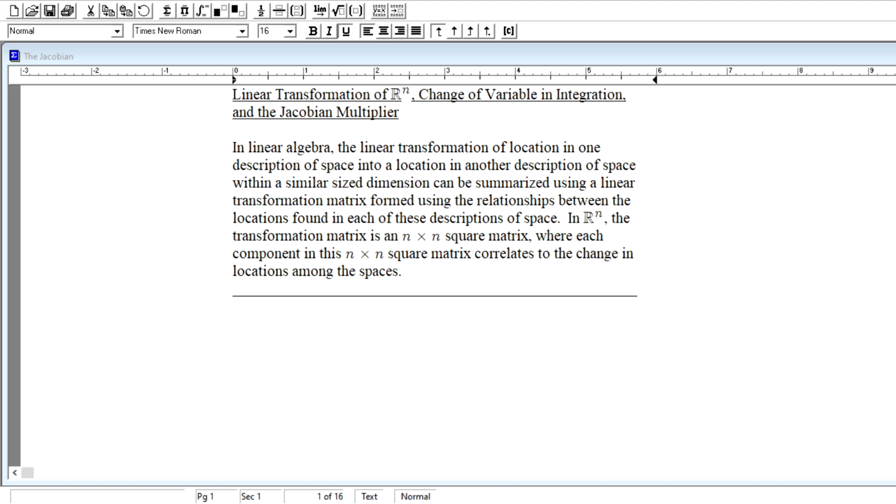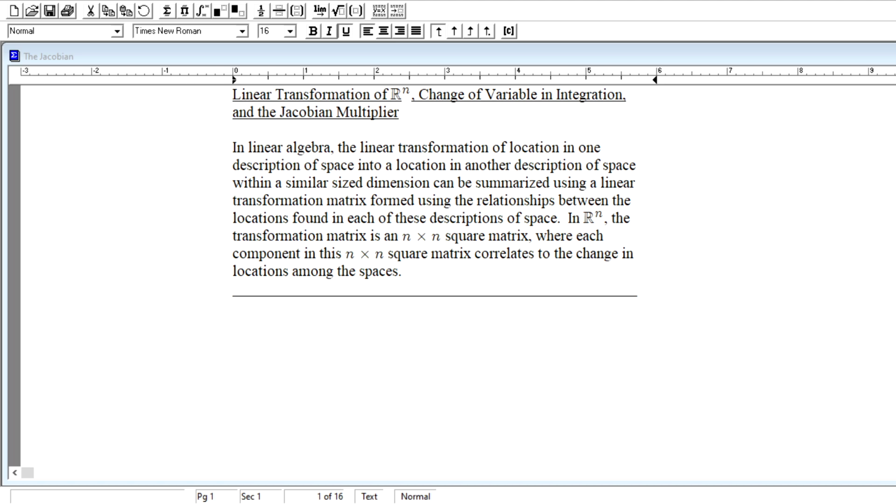What we do start with here is we take note that in linear algebra, the linear transformation of a location in one description of space into a location in another description of space with similar size dimensions can be summarized using what we call a linear transformation matrix.